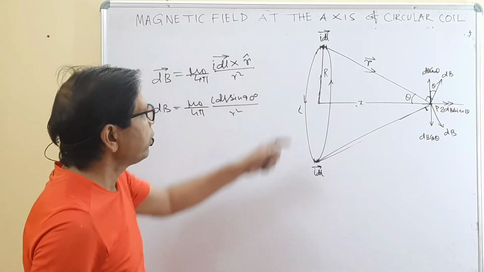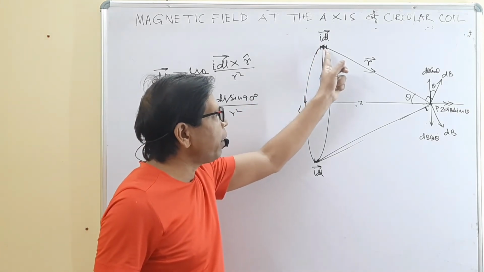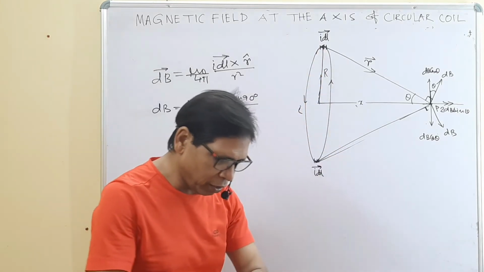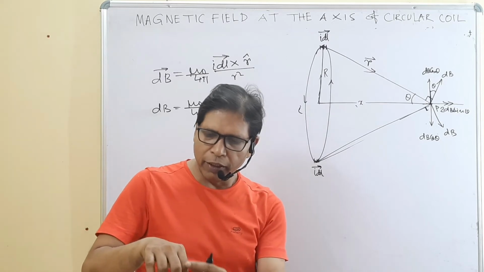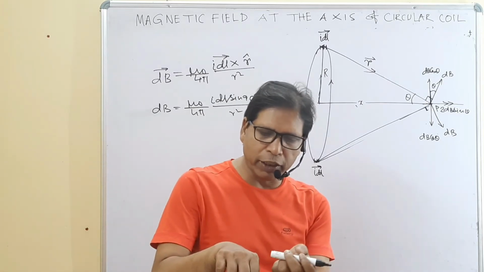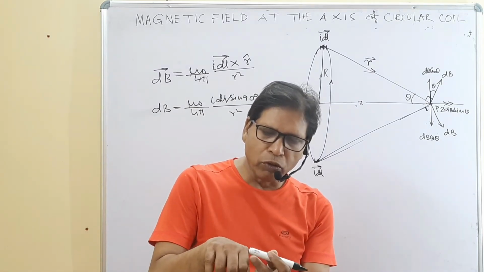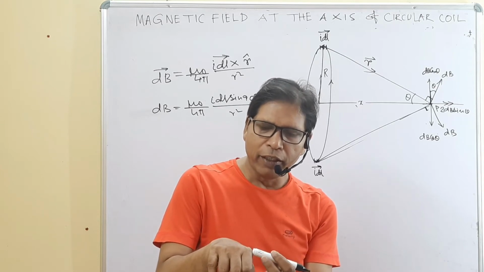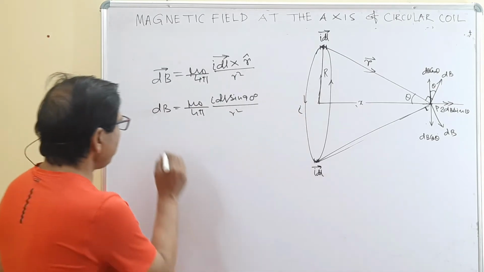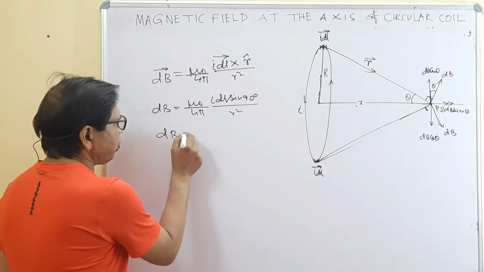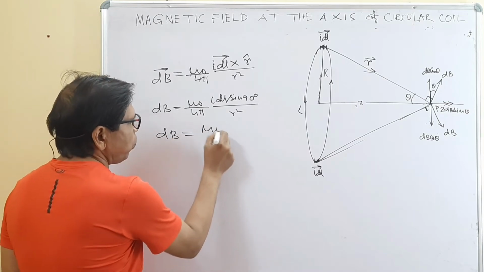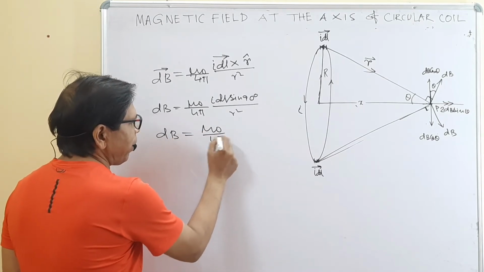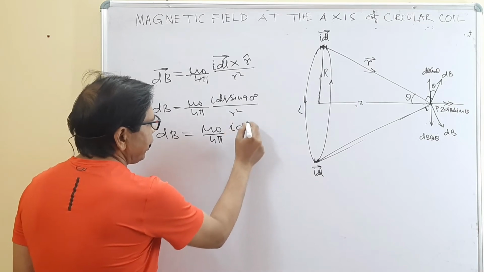Look at this, the angle between I dl vector and r vector: this is the I dl vector along this direction and this is the r vector. So this angle is 90 degree. Therefore the magnitude of magnetic field at the point P due to current element I dl is mu naught by 4 pi I dl divided by r square.